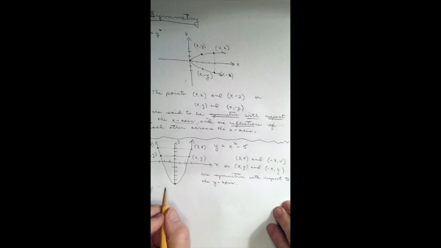And so we would say the whole graph then of this parabola here is symmetric with respect to the y-axis, and the previous one we looked at, the graph of this parabola is symmetric with respect to the x-axis.